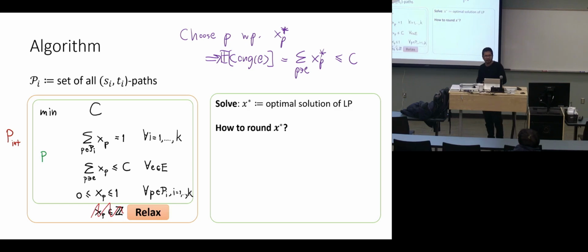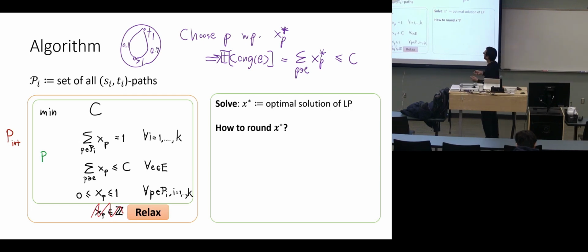But there is one problem though. If you just look at each path P and choose it with this probability x star P, it's not clear that this solution will connect every pair, right? You might have some pair, s_1, t_1, and there is some path. Let's say this path has probability 0.1, this path has probability 0.9.